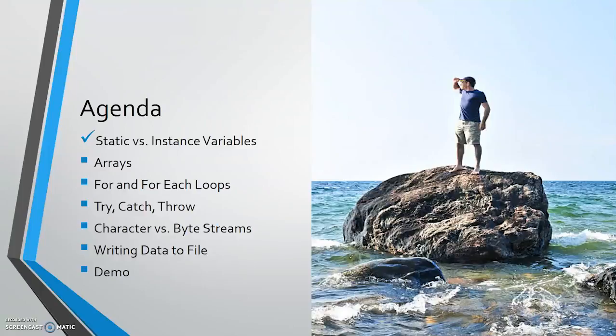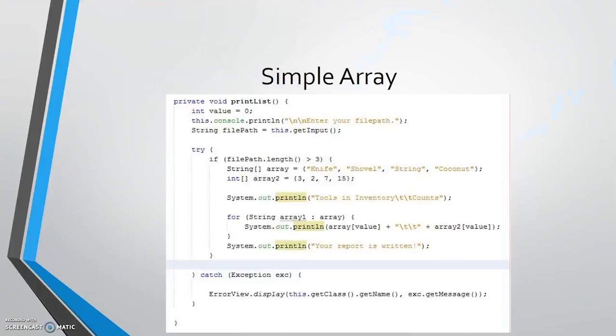All right, the next thing we're going to go over is the arrays. We have three different types of arrays. The first one that we have is a simple array. As you can see here, we are creating a string array that holds a knife, shovel, and coconuts.